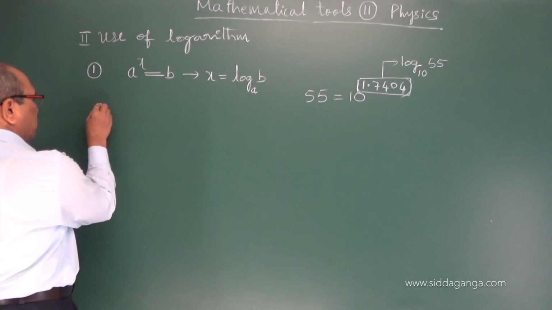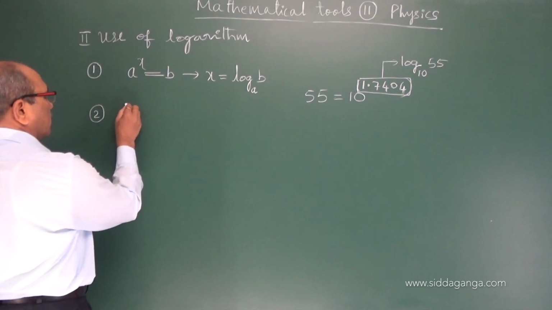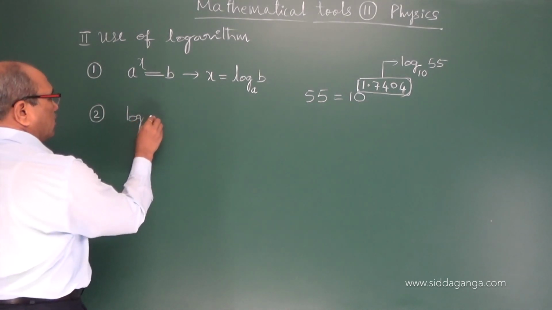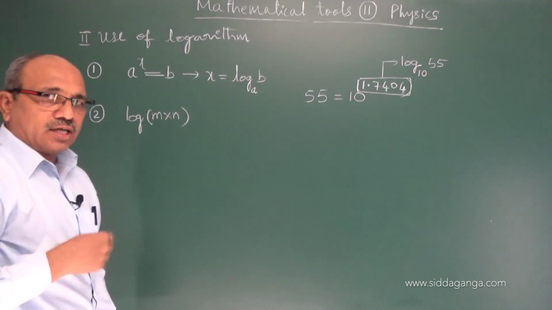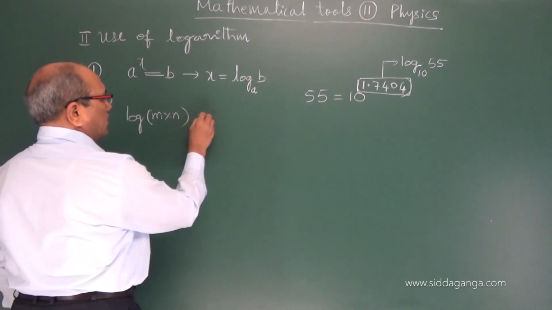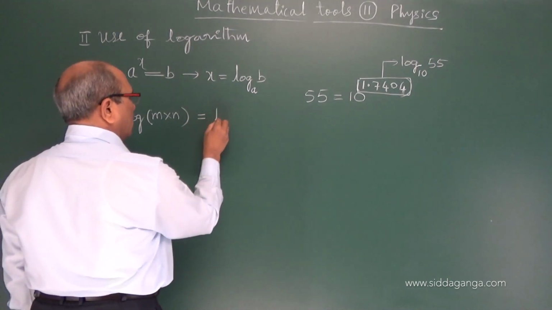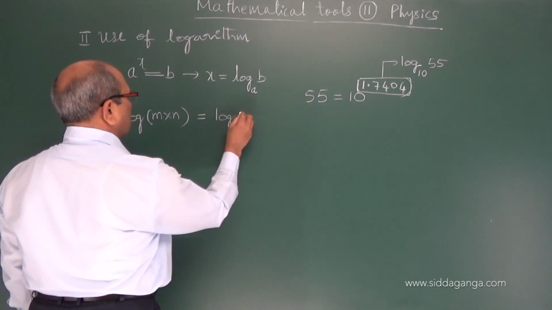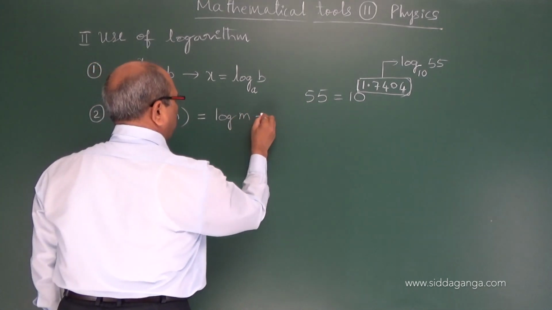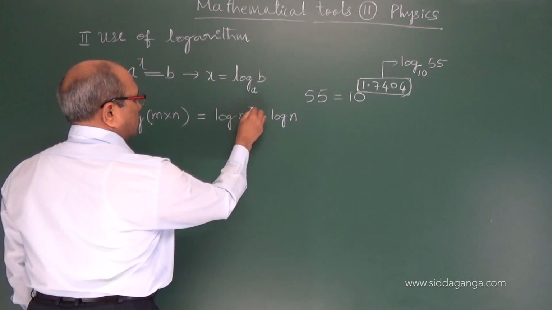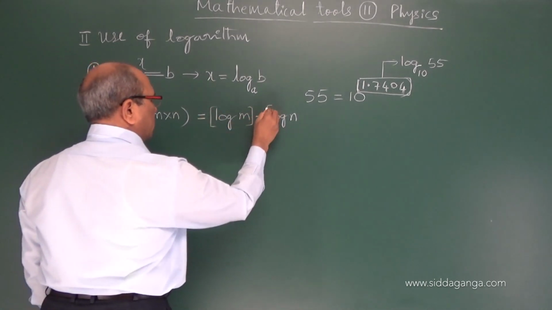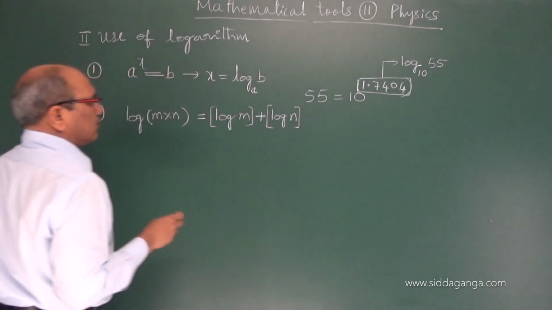As far as simplification is concerned, log of m into n, a product, can be converted into addition: log of m plus log of n. You see this product is converted into addition.